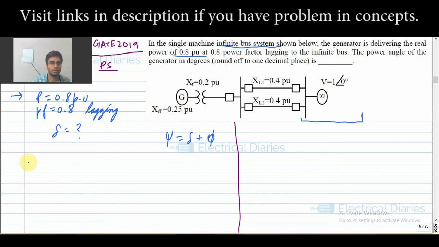See how? The formula for tan psi is Vt sin phi, here it will be the infinite bus voltage, plus I, the current flowing, into X, divided by Vt cos phi plus I into R. X will be X equivalent.